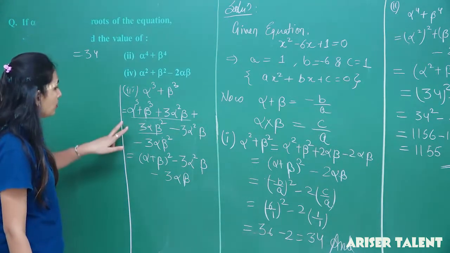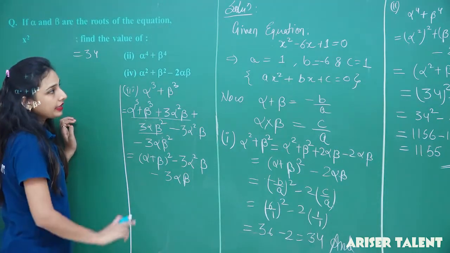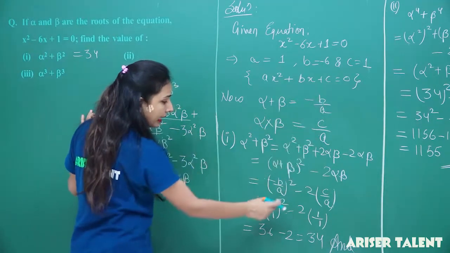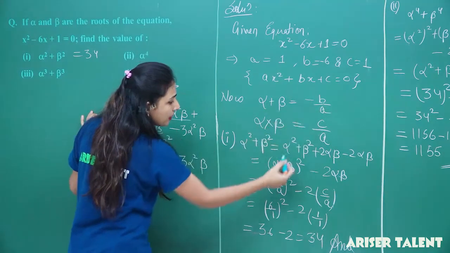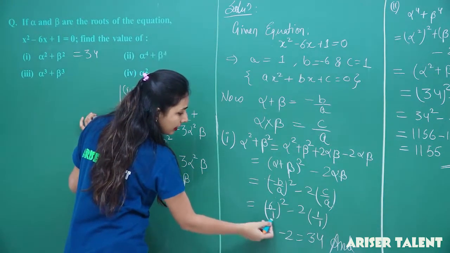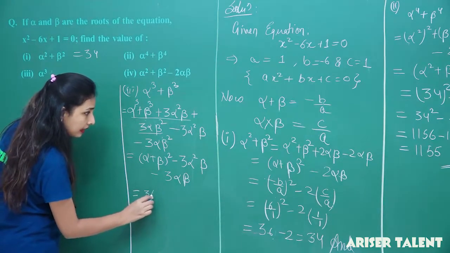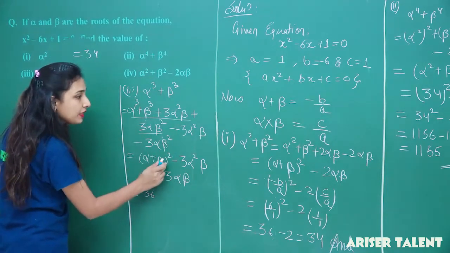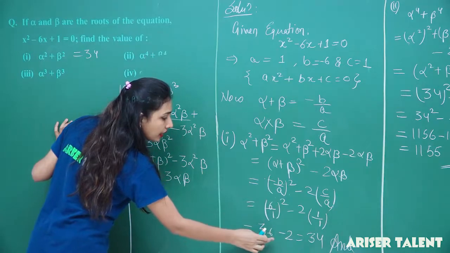Okay. So, now students, value of alpha plus beta is what? Alpha plus beta equals minus b by a, and we have figured out that minus b by a will give us again 36. Alpha plus beta whole cube, this value will become 36.